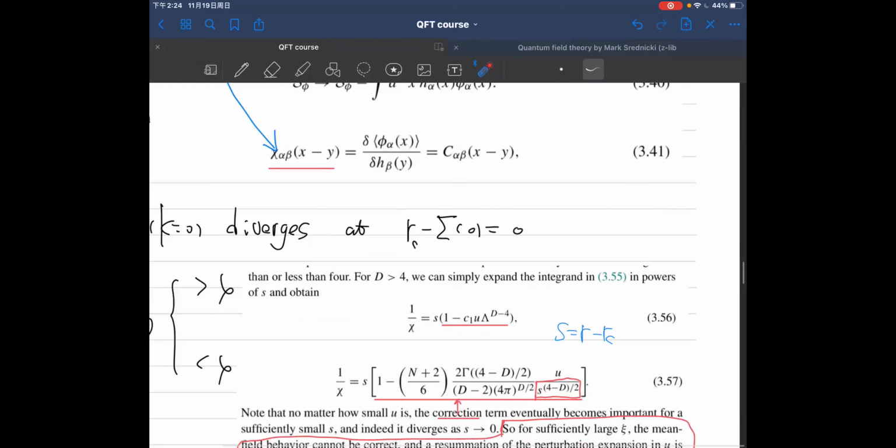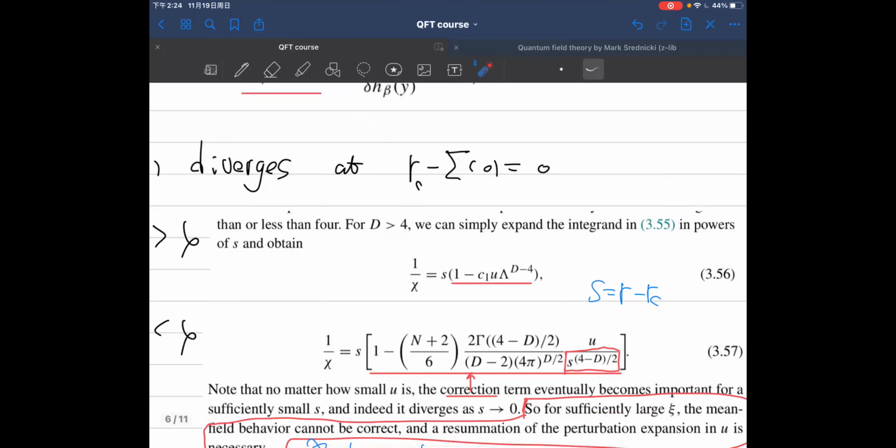For d larger than 4, 1 over chi is this formula. Here, what is the meaning of s? s means r minus r critical, where r critical is the critical value of the phase transition.